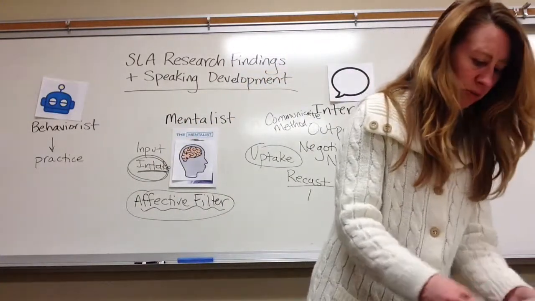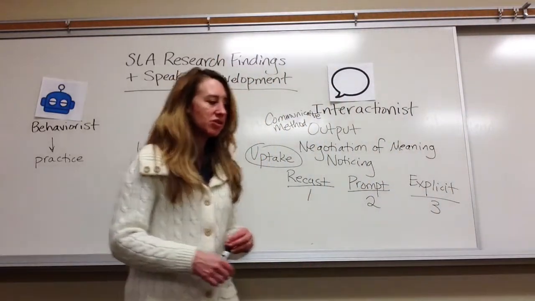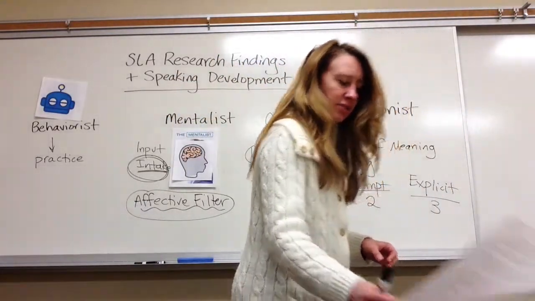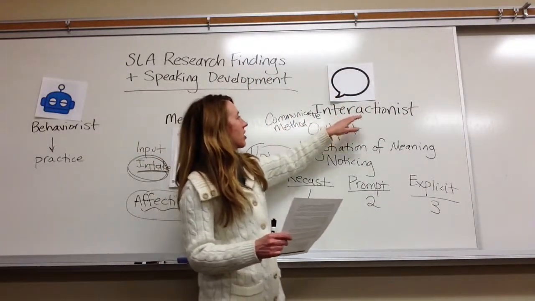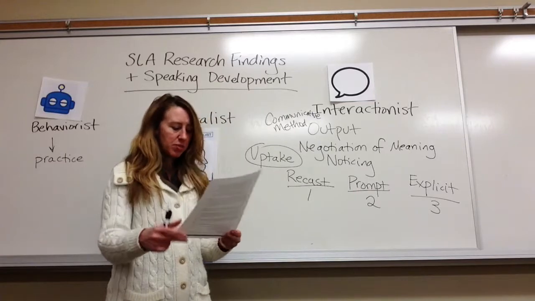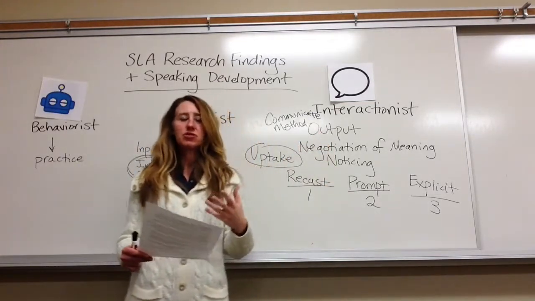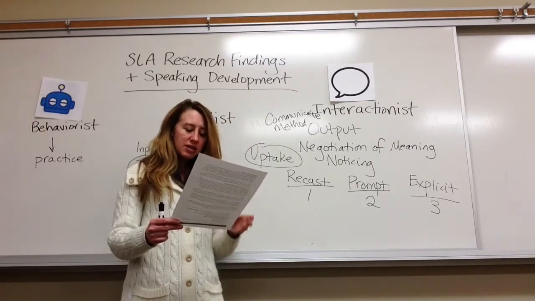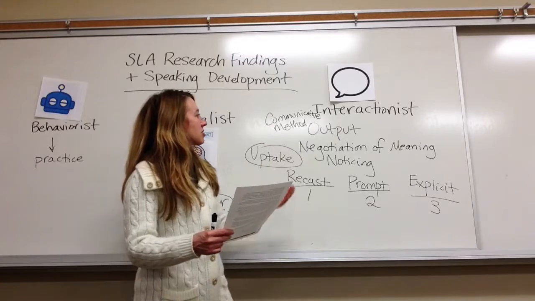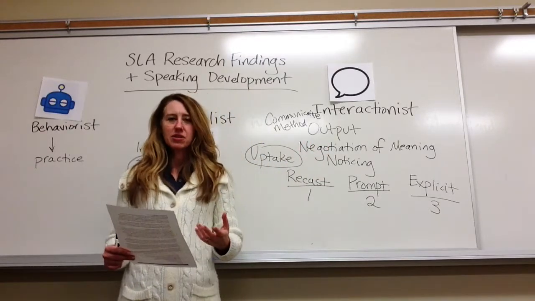Some other things that I wanted to mention. I wanted to mention that when we are following the interactionist model, when we are approaching from this idea that we absolutely need our students producing some kind of output, it's not just that our students will be developing accuracy, right?